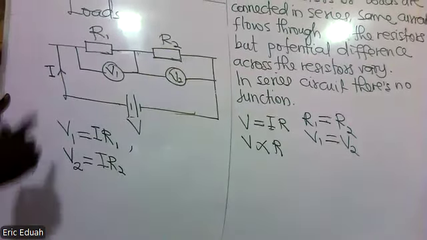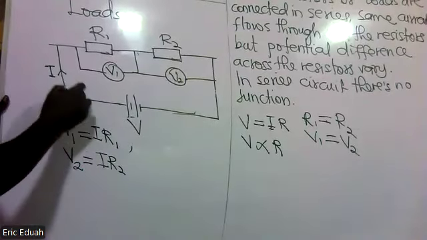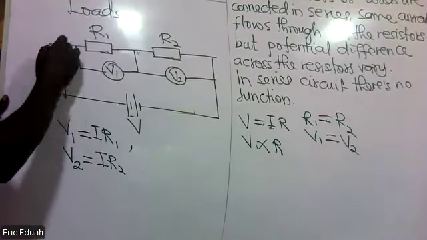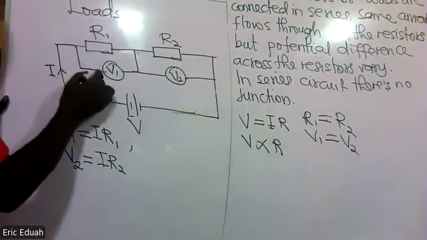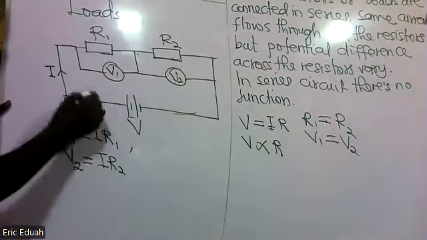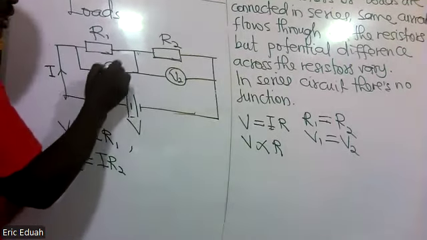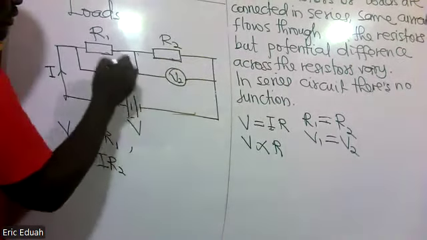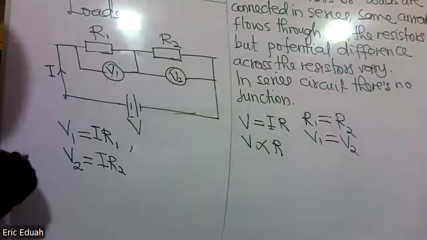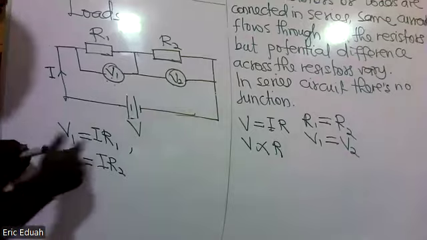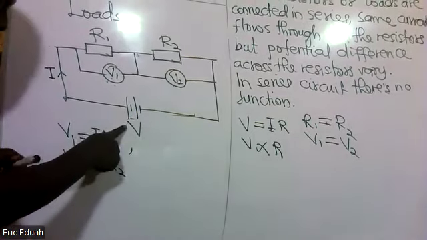Now, because this is a closed circuit, you see there's no break. The PD across all the resistors, V1, V2, and if there's a third one, V3, V4, and so on, must be equal to the source voltage.